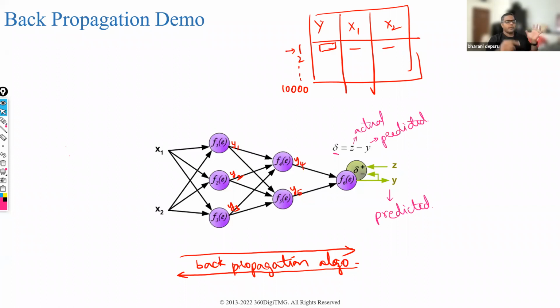And why are you updating the weights? We are updating the weights to minimize the loss. The algorithm which is used in the process of minimizing the loss is called the gradient descent algorithm.